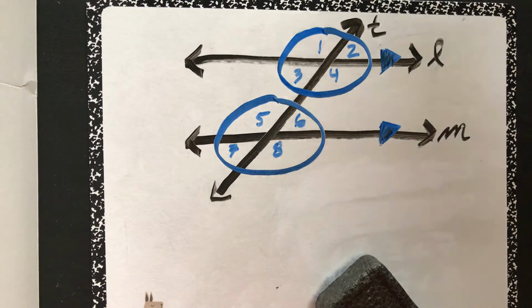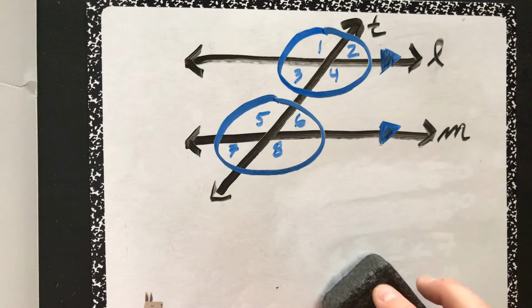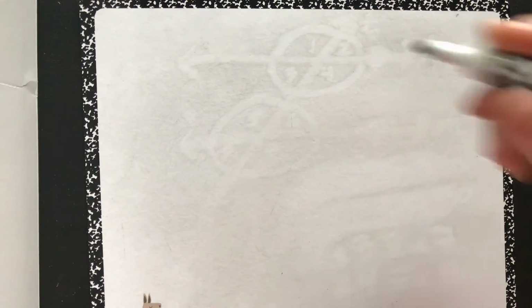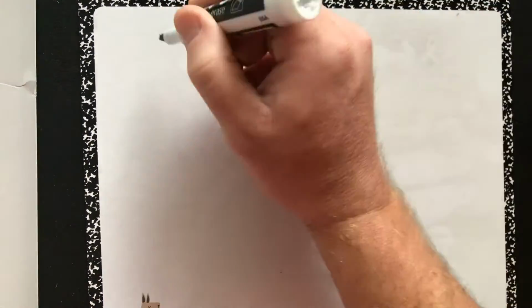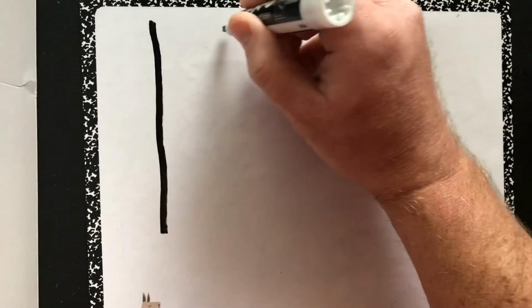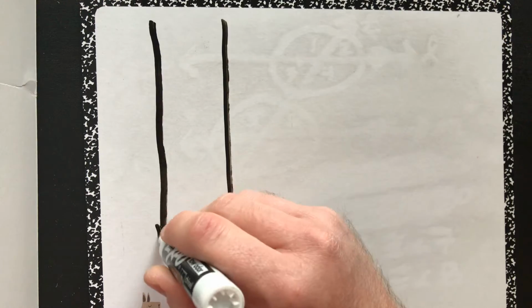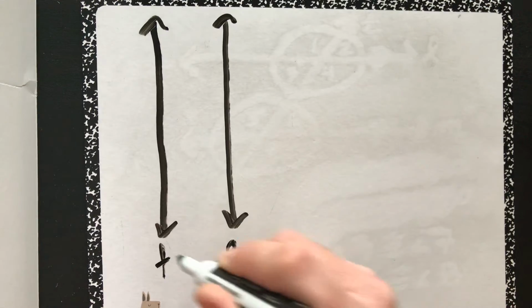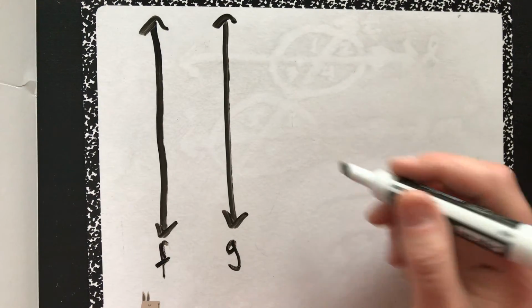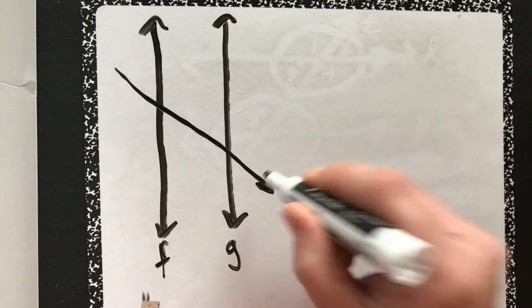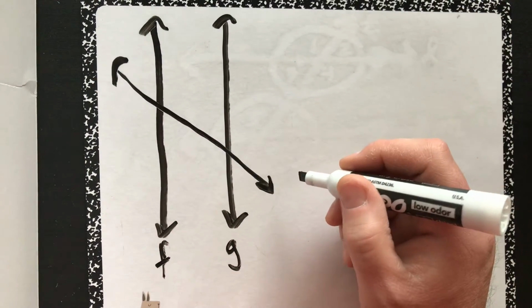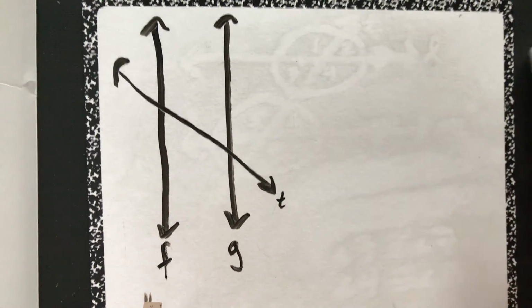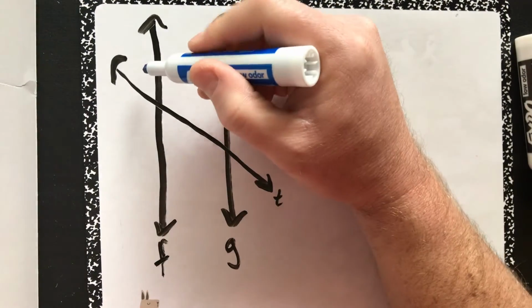All right, so let's look quickly at just a few problems. All right, and I'm going to draw another picture here, and I'm going to draw it a little bit differently. Okay, so here's a line, there's a parallel line, and we'll call this F and G. All right, and then here's my transversal, and we can call that transversal T. All right, and then they label the angles again.